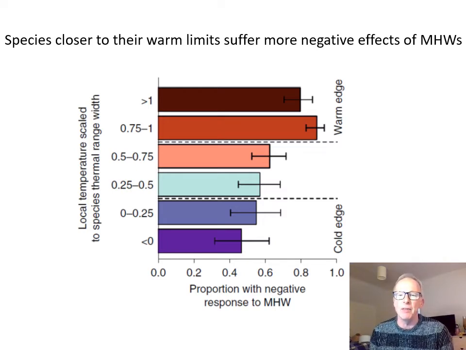Nearly 90% of the effects of heat waves were negative at those warm edge locations. Towards the cold edge of the species distribution range, the balance between positive and negative effects of heat waves was pretty even, so 50% positive, 50% negative.